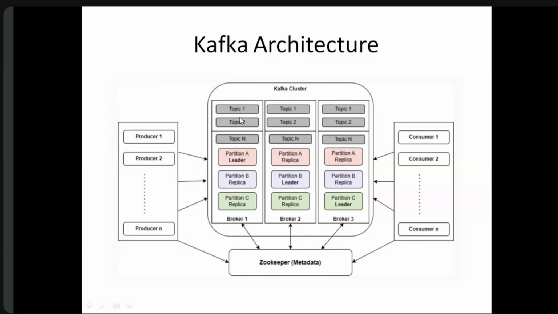Zookeeper will say there are two or three topics in this cluster, and it will also inform the leaders of all these topics. Now the producer has to decide which topic it wants to send the data to. If the leader is on broker 2, the data will automatically be sent to that broker because it has all the details. The consumer will behave the same way.